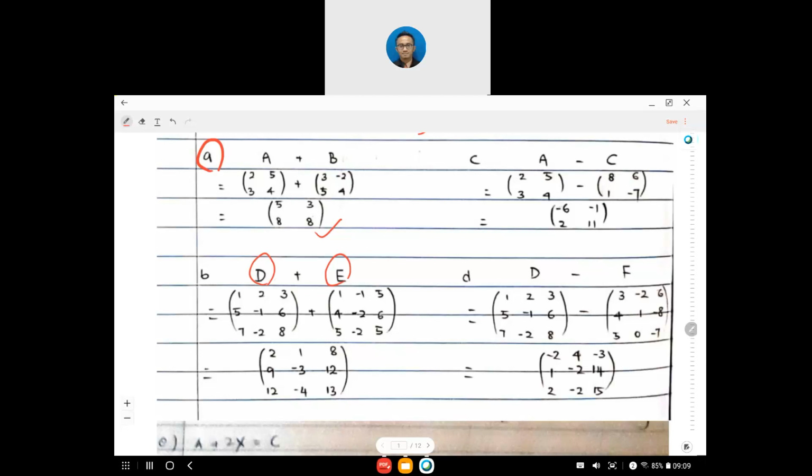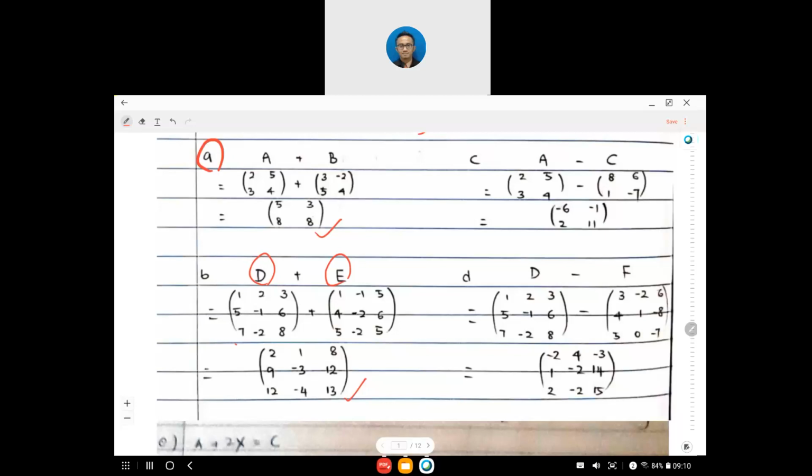Matrix D is 1, 2, 3, 5, negative 1, 6, 7, negative 2, 8, and matrix E is 1, negative 1, 5, 4, negative 2, 6, 5, negative 2, and 5. So you get 2, 1, 8, 9, negative 3, 12, and then 12, negative 4, 13. Semua boleh dapat? Simple operation je ni.